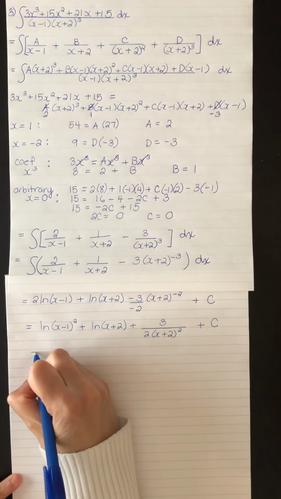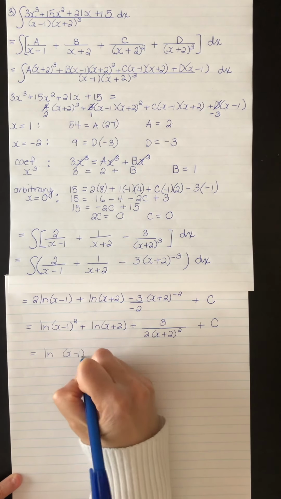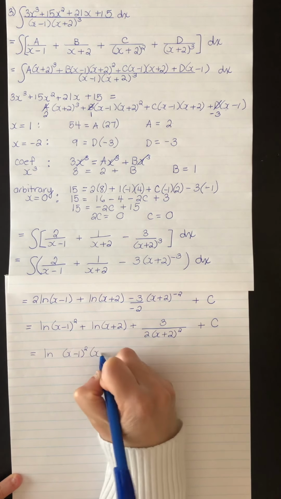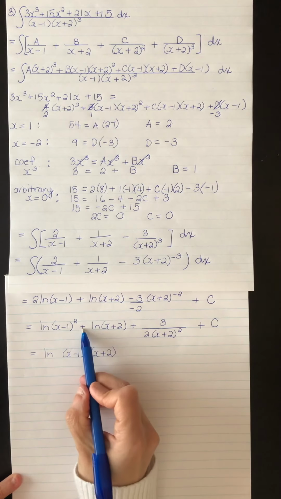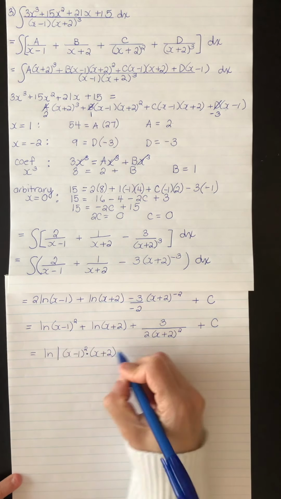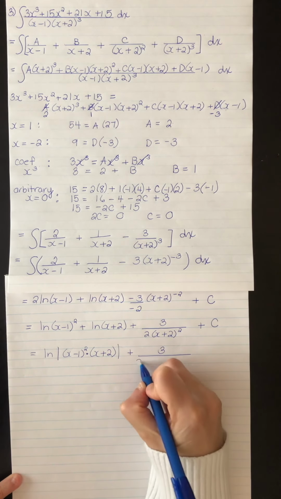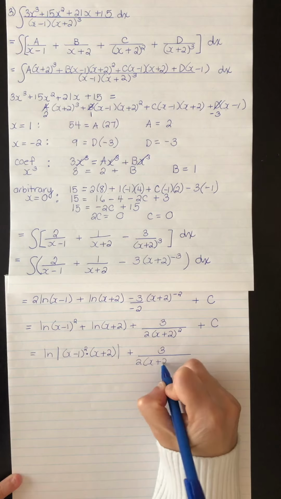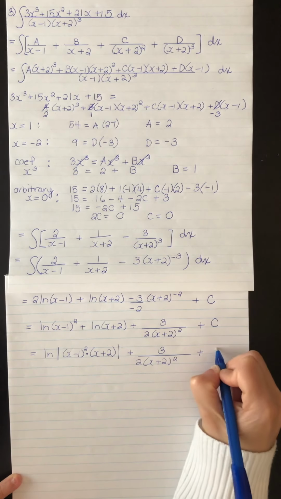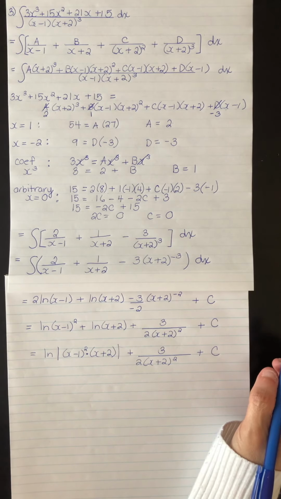And lastly, combine those logarithms for our final result. Since this is addition, there will be multiplication in the argument of the logarithm. Okay, and at that point, the example is complete.